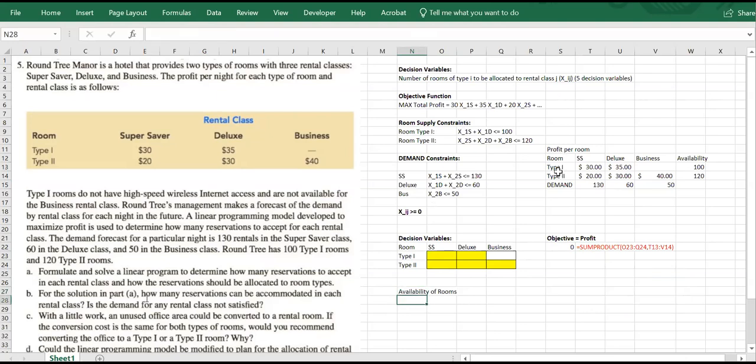For room type 1 and type 2, the number of type 1 rooms that are allocated would be the sum of these two. The number of type 2 rooms that are allocated would be the sum of these three.